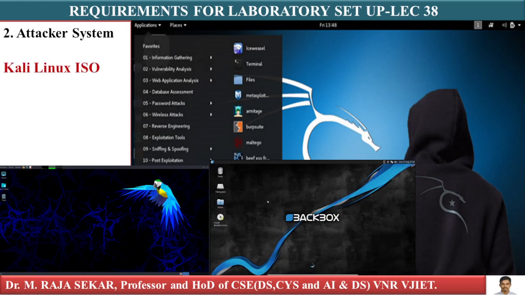Kali Linux, Backbox and Parrot operating system are three of the most popular options available for ethical hacking and security testing. Kali Linux aims to be the most advanced distribution for penetration testing.